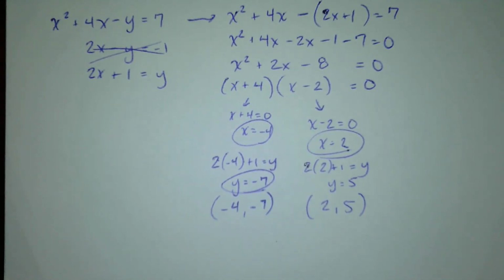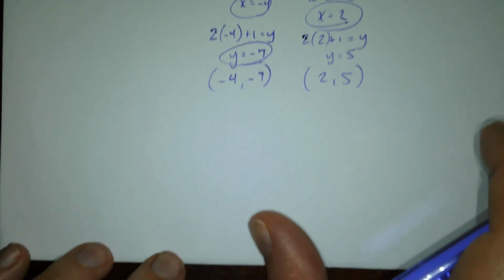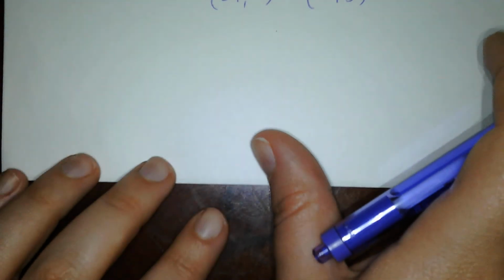All right, let's do another example. And let's check this out. Negative x plus y equals 4, and x squared plus y equals 3.